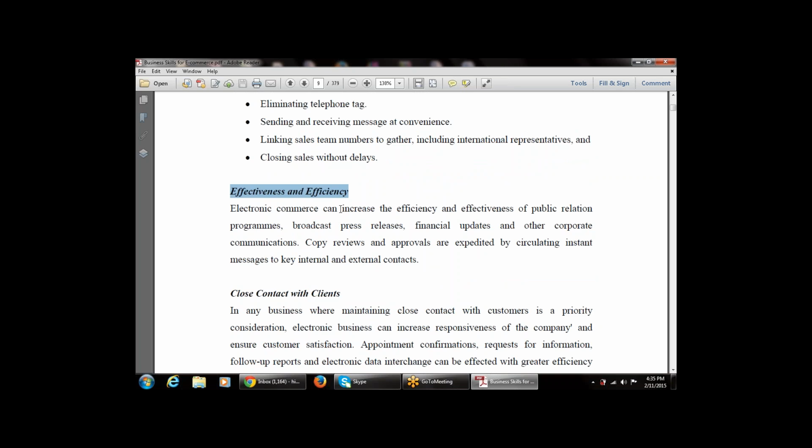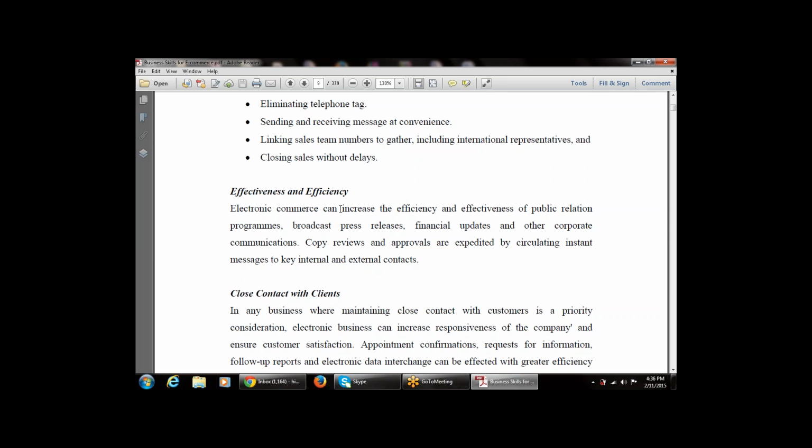The next feature of e-commerce is effectiveness and efficiency. E-commerce provides efficient data and effective data. Efficient means the data is suitable for each and every term, and effective means it is efficient for circulating to internal as well as external contacts.